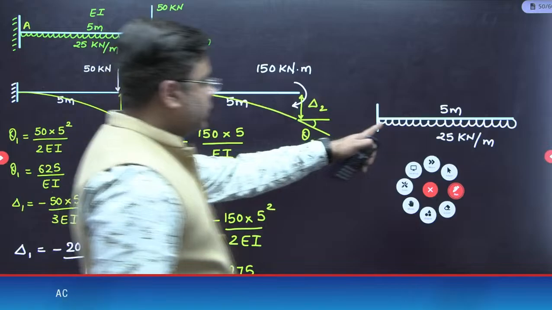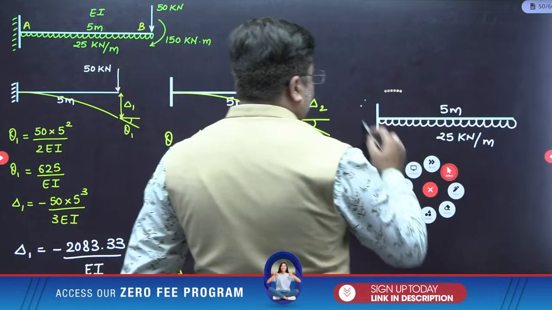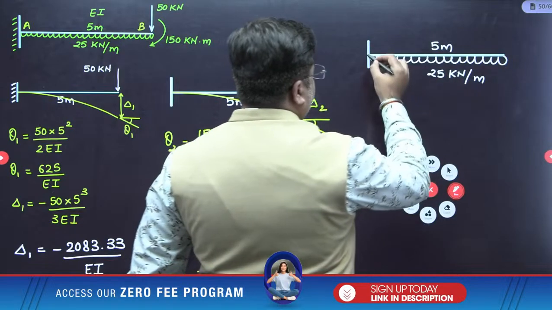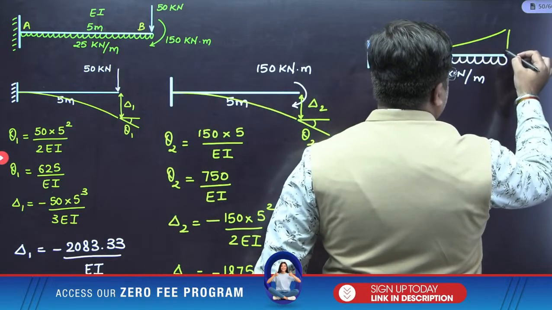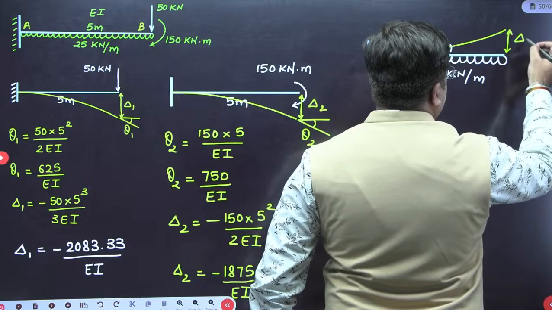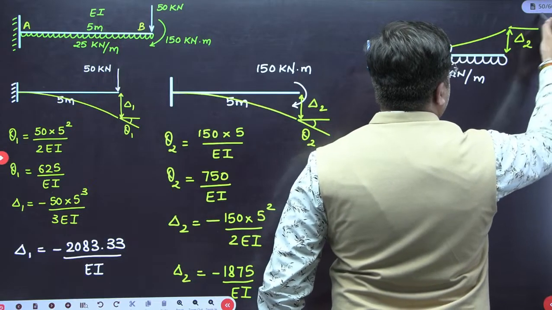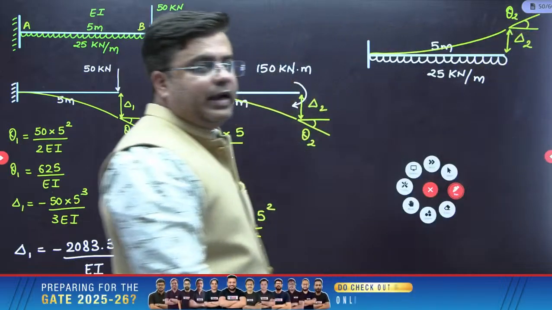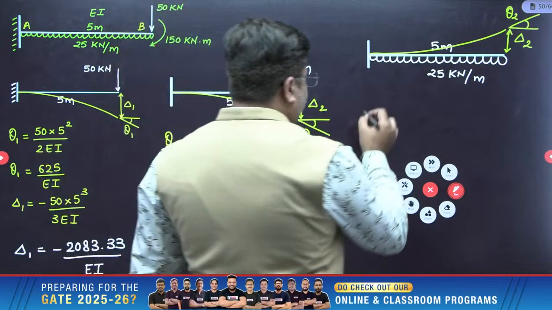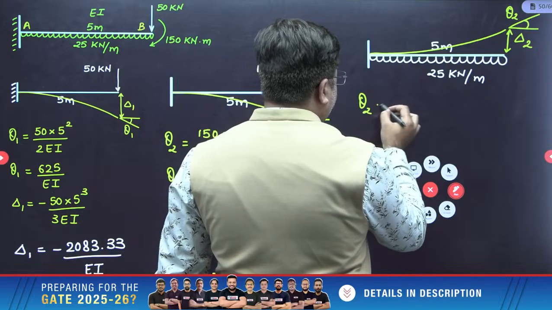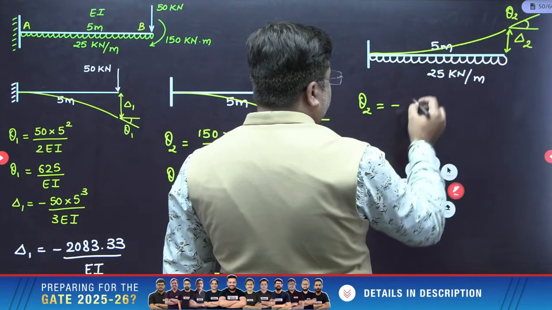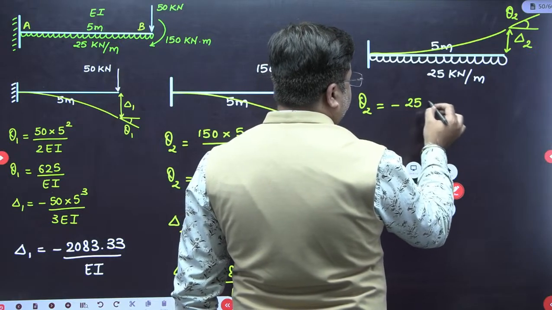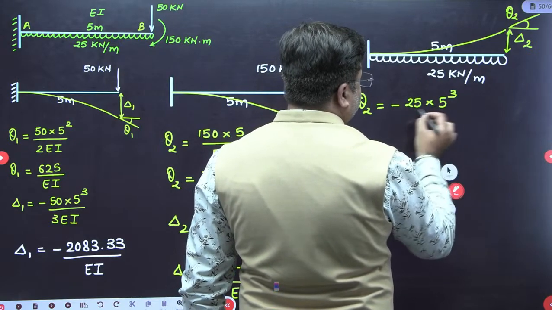Now coming to this last portion, you have to keep a check. This UDL is acting upwards. So this beam will deflect like this. So this is delta 3 here, and this will be theta 3. This time theta 3 will be negative because it is happening in the anti-clockwise direction. So the value of theta 3 will be minus WL cube upon 6 EI. So W is 25, L cube is 5 cube, upon 6 EI.